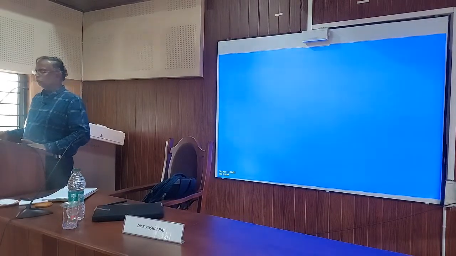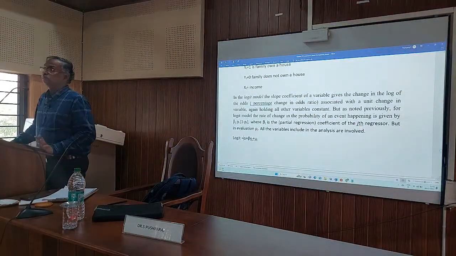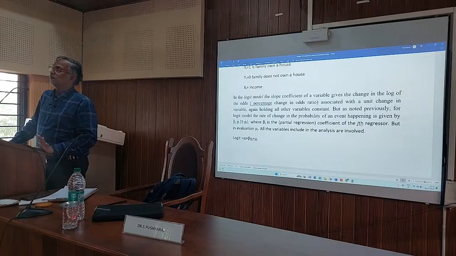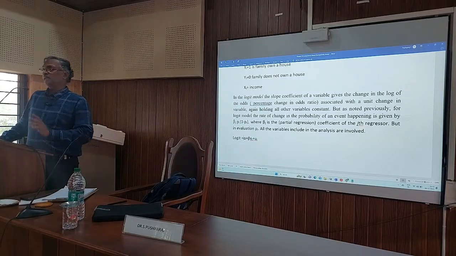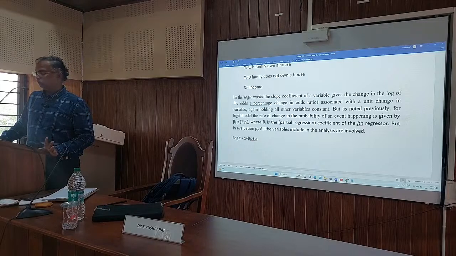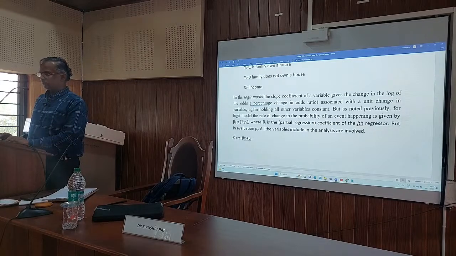As I told you, this is a regular regression model, but probit is a little different. In probit, you run a regression model, and there you will see the link function, some link function you use. In that model, the alphas and betas give some z value, some z score.